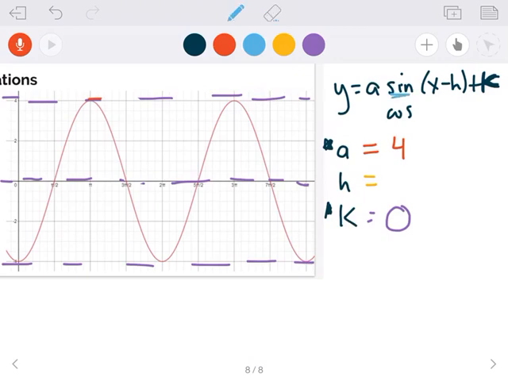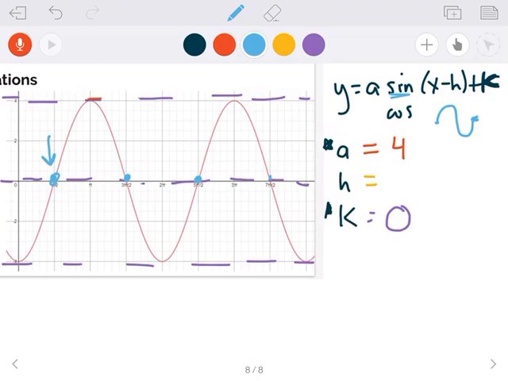Okay, so we know that the basic sine graph starts at the midline and ends at the midline. So when we're looking for our sine graph here, we want to look at where it hits the midline. I see it hits the midline at pi over 2, 3 pi over 2, 5 pi over 2, and so on. The other thing to consider is that a sine equation starts at the midline and goes up first and then back down. So we could pick this point as the start of the sine equation.